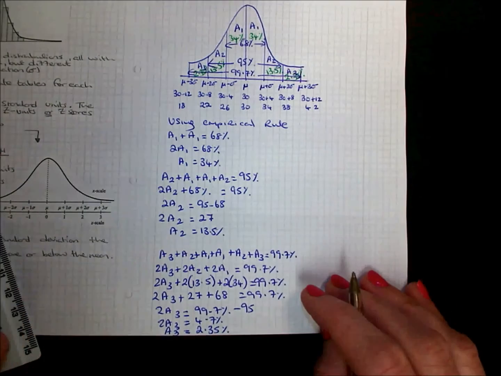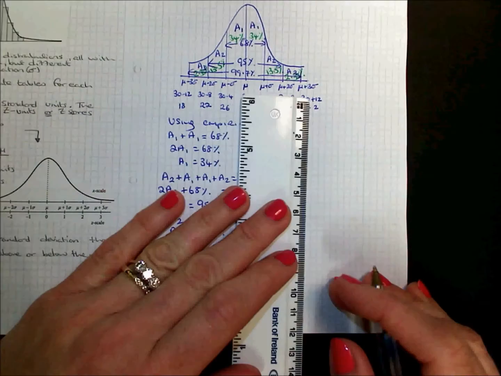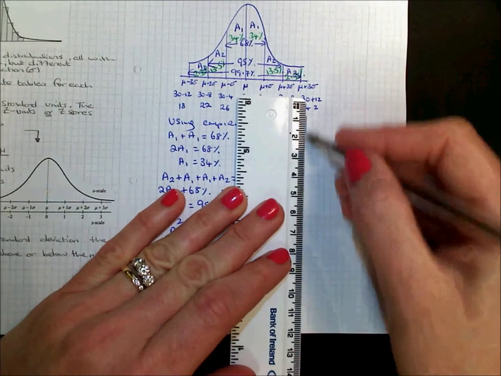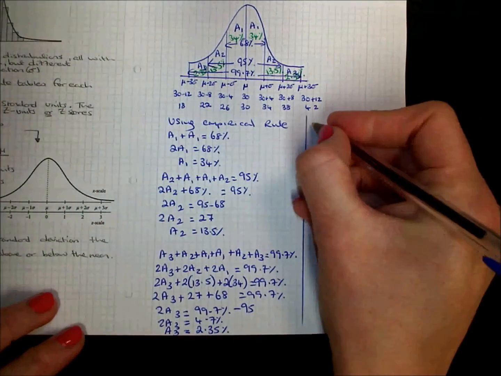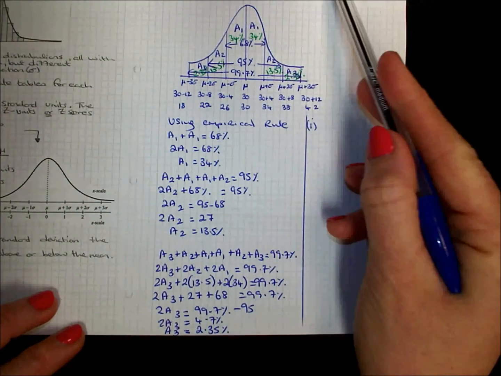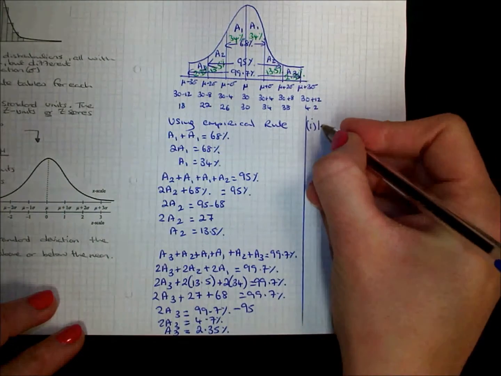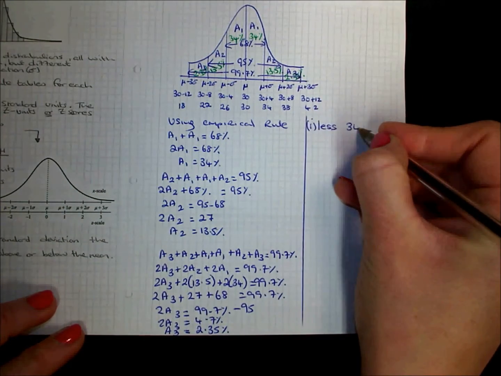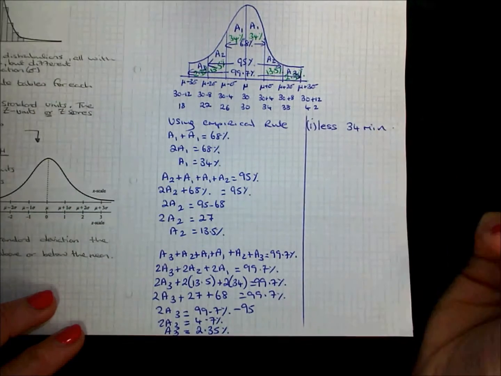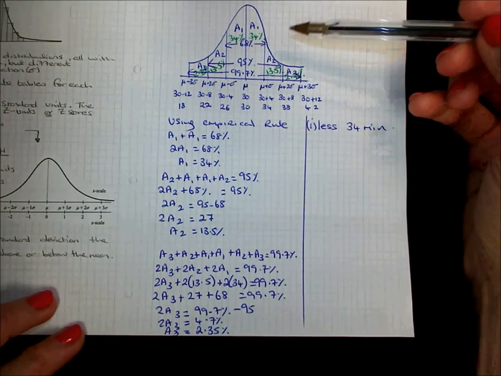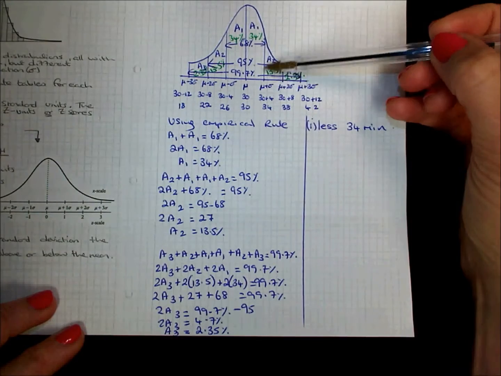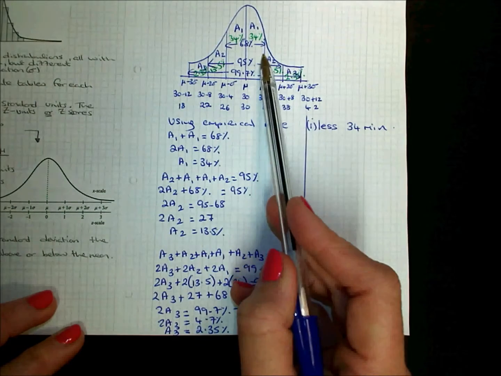Now to what I'm asked in parts 1, 2 and 3, which is very easy now that we have the curve filled in. Part 1 is asking me, find the percentage of journeys you will arrive at school taking less than 34 minutes. So your 34 minutes are here, and you're reading your curve to the left.